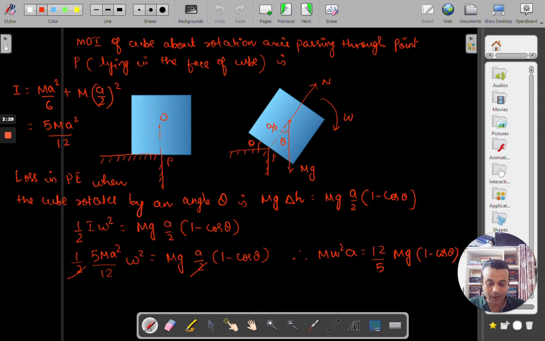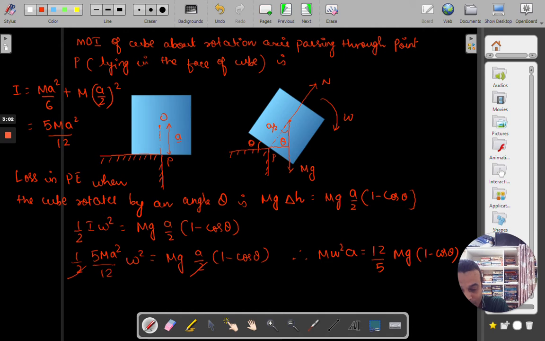So the loss in potential energy when the cube rotates by an angle theta is mg into the height it loses, delta h, so a by 2 minus a by 2 cos theta. First one is a by 2, now it is a by 2 cos theta, so you can see this distance is a by 2 here.